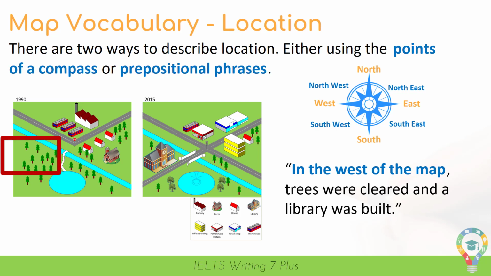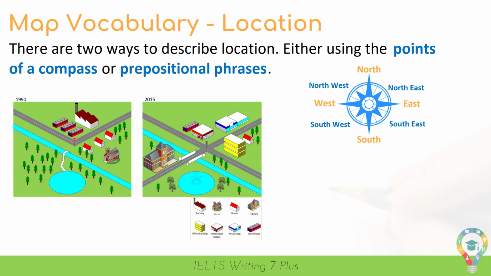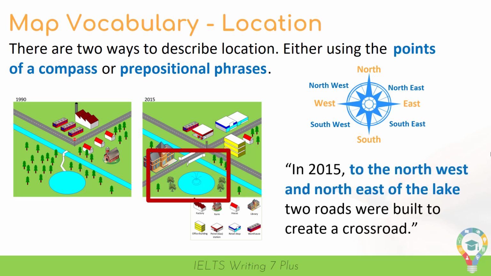Let's take a look at another example, and we'll go to the lake at the bottom of both maps. And here is my example sentence. In 2015, to the northwest and northeast of the lake, 2 roads were built to create a crossroad. So there I'm using 2 different points from the compass.